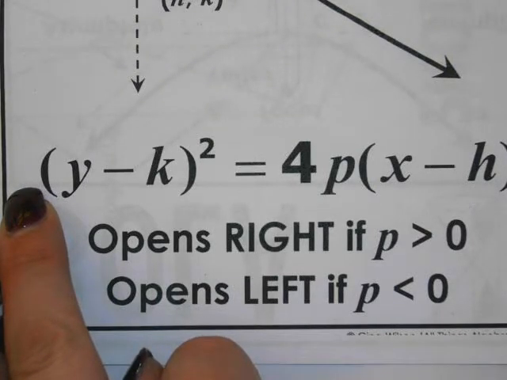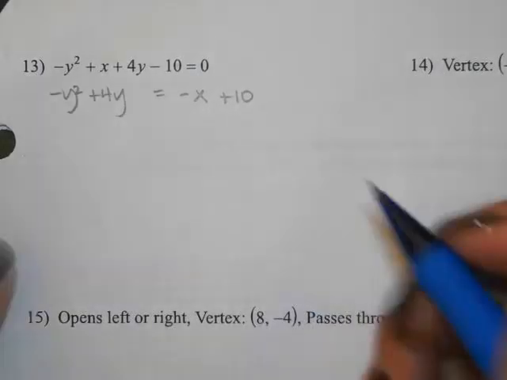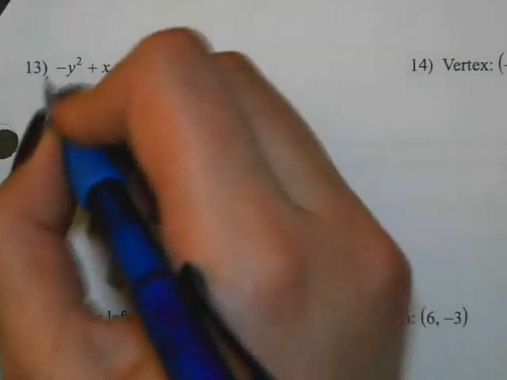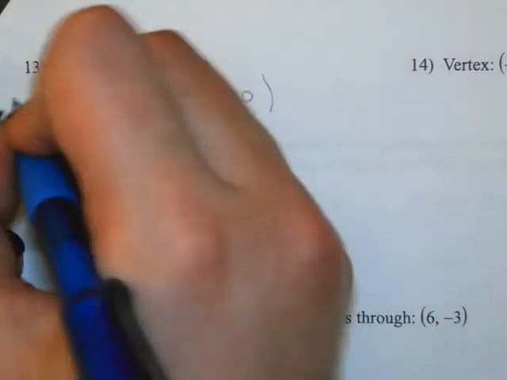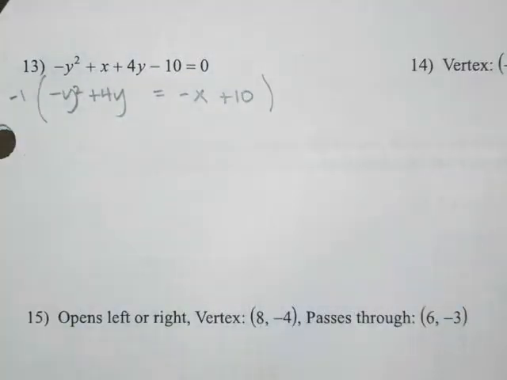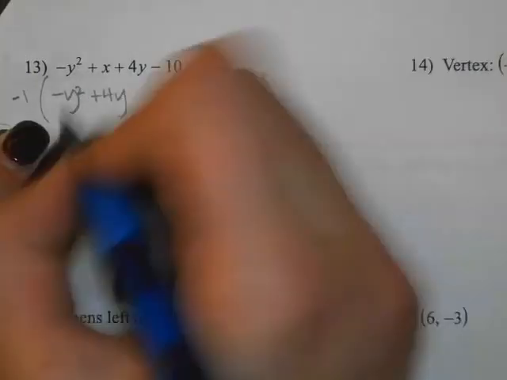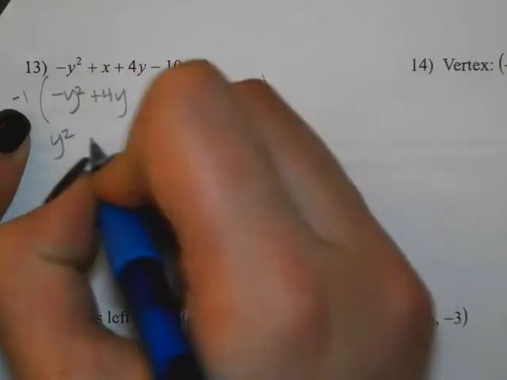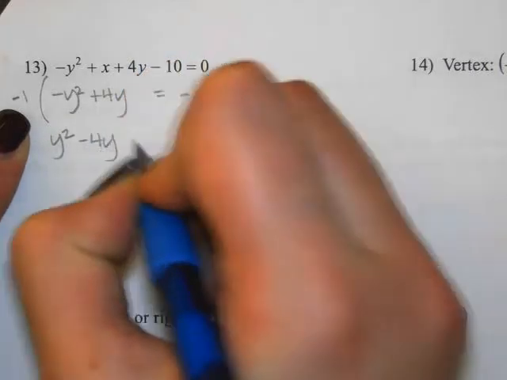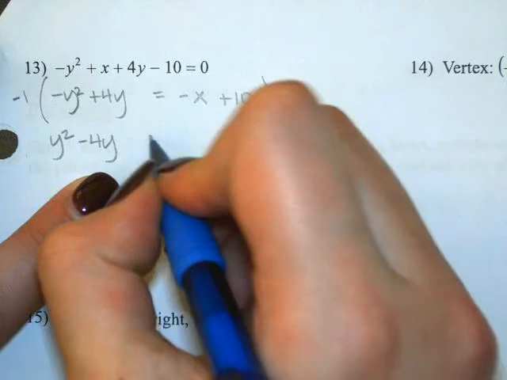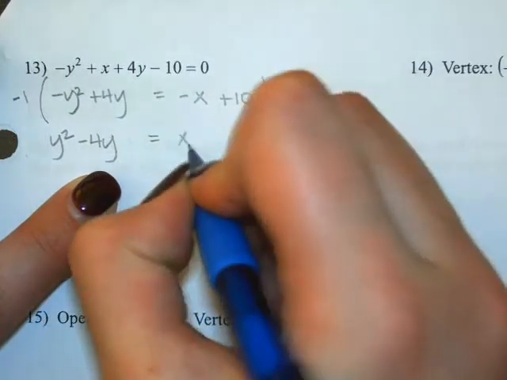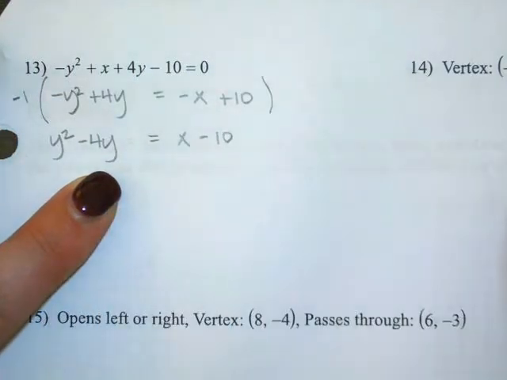Probably not, right? We probably don't want a negative in front of that y squared. So I'm just going to take the entire problem and multiply by -1. And I can do that because I'm doing it to literally everything. So it's going to keep things balanced because I'm doing it to all the stuff. So I've got y squared minus 4y. I'm going to leave some space because I'm going to complete the square in a second. Equals positive x minus 10.